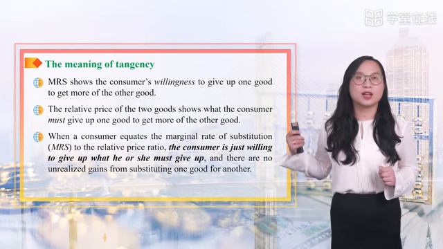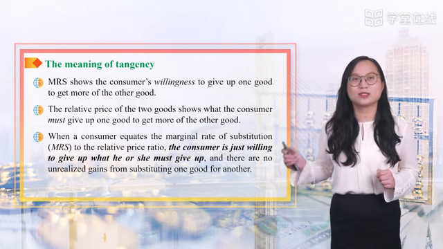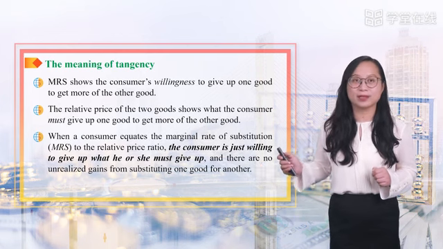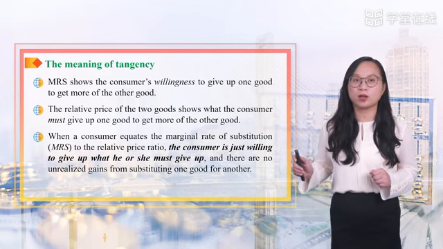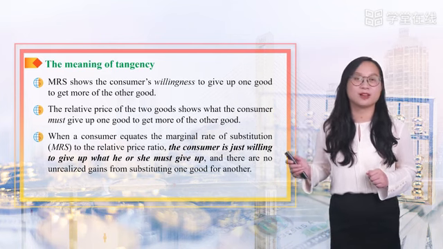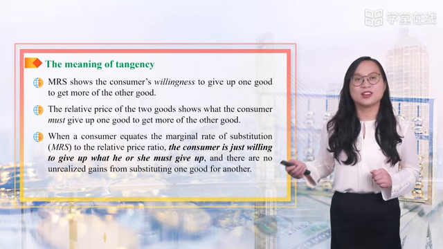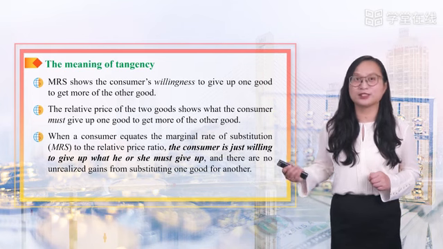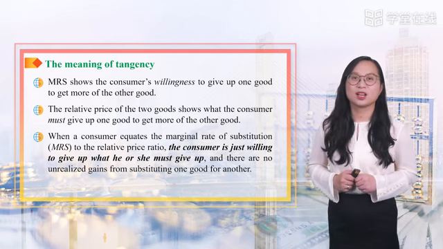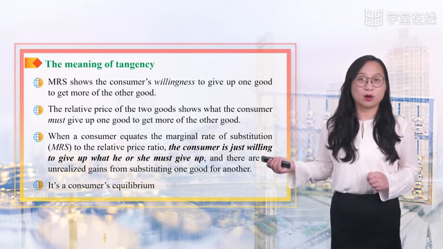When the consumer equates the marginal rate of substitution to the relative price, the consumer is just willing to give up what he or she must give up. And there are no unrealized gains from substituting one good for another. This is what we are looking for, the consumer's equilibrium.